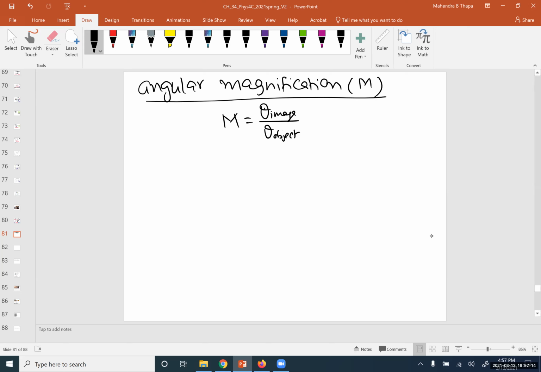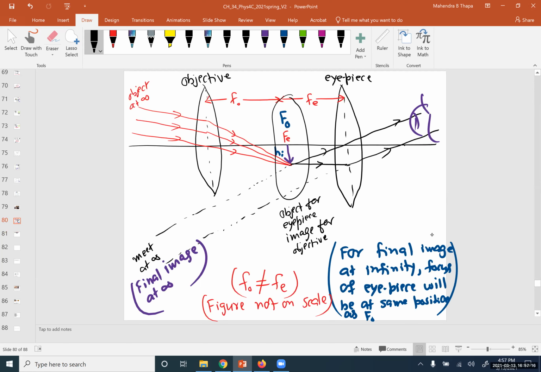Okay, so let's see. In this picture, because the object is at infinity, we can consider this angle as theta for the object, and our eye is here, so this time we can consider this angle as theta for the image.